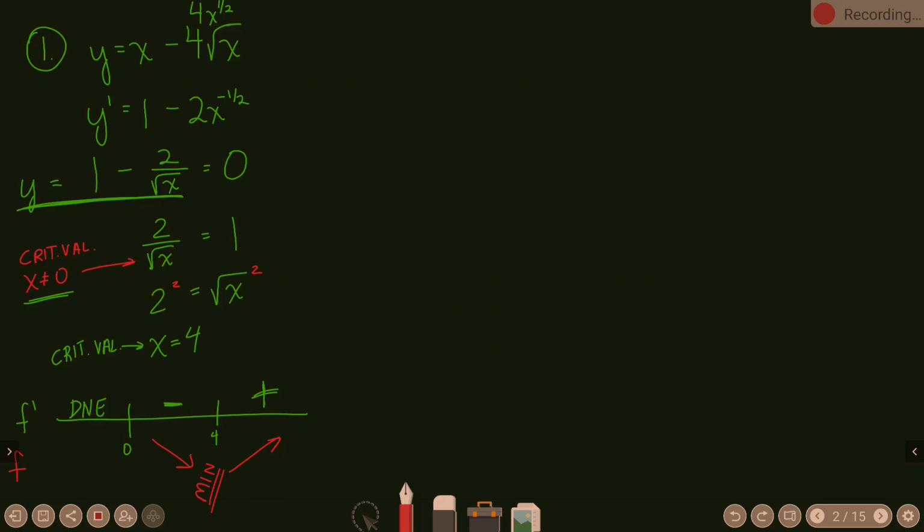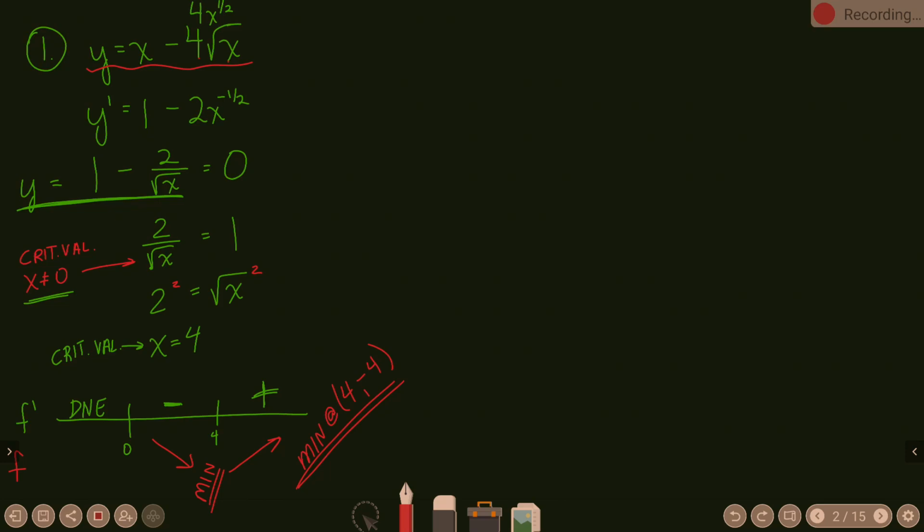The fact that there's going to be a min at 4 comma something. Now, where are you putting that 4 into? The original. Now you're going into the original because it's a point on the graph. So square root of 4 is 2 times 4 is 8. 4 minus 8 is going to be -4. So I have a min at 4, -4.